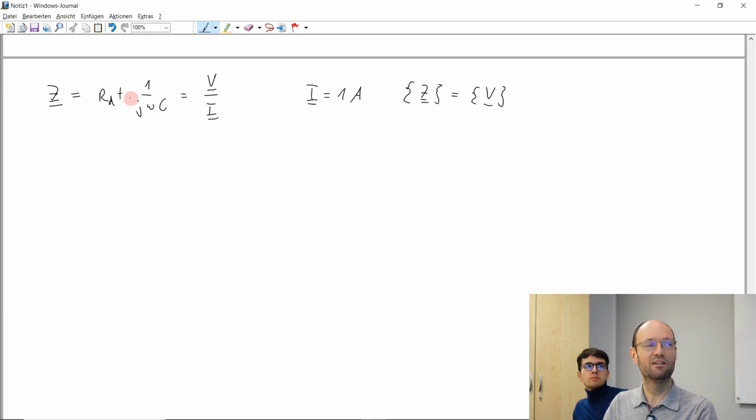And so one idea is to do this much easier calculation in frequency domain, then calculate this for many, many frequencies, which is no problem if you have a computer. If you don't have a computer, it's complicated. But calculate this for many frequencies, and then convert this frequency domain solution back into time domain.